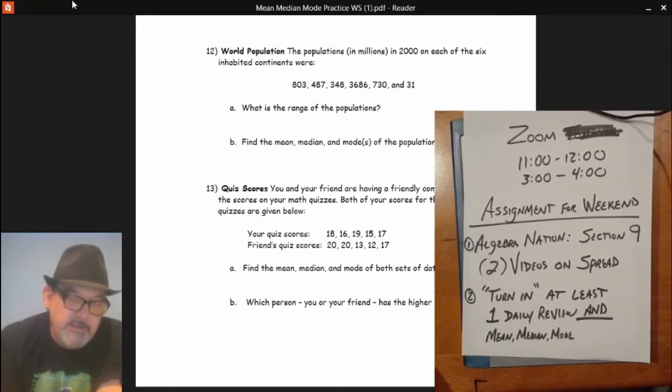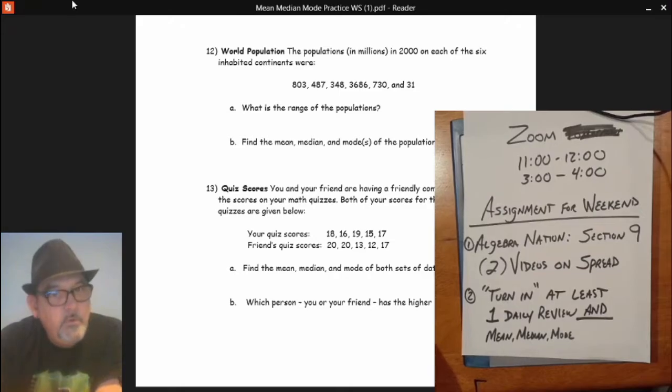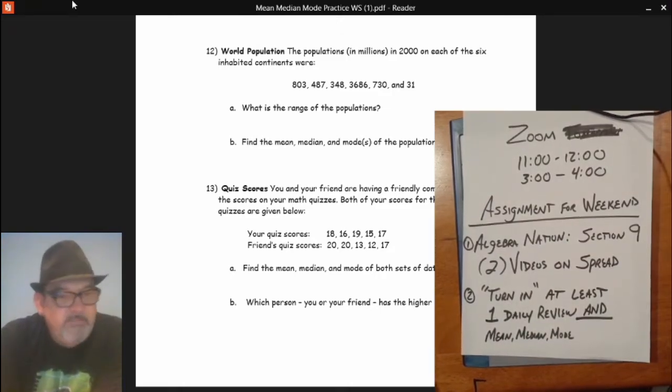Pick one of the 2 daily warm-ups, either day 7 or day 8, doesn't matter which one, and the mean, median, and mode answers. Remember guys, if I give you a worksheet and I post it on Google Classroom, you can just write the answers down on a separate sheet of paper instead of having to download the worksheet itself. That's totally fine.